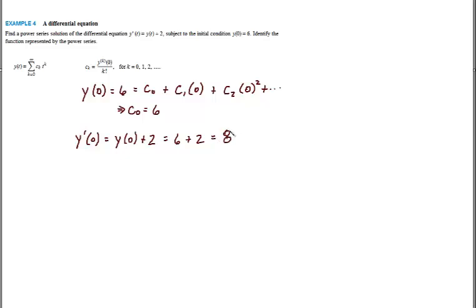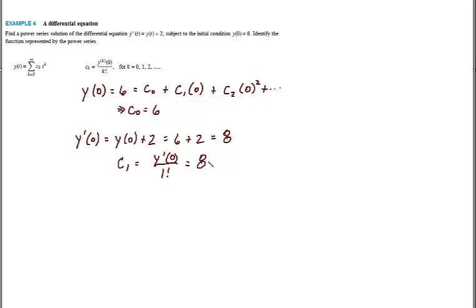Now since y prime of 0 equals 8 and c1 happens to equal y prime of 0 over 1 factorial, then this would equal 8 over 1 factorial, which would be 8. So c1 is equal to 8.